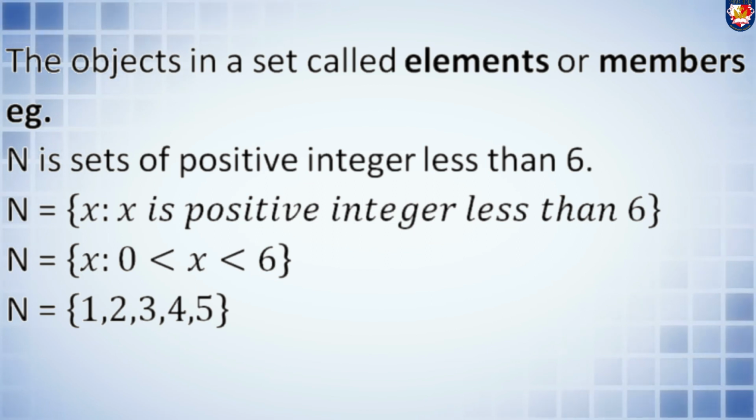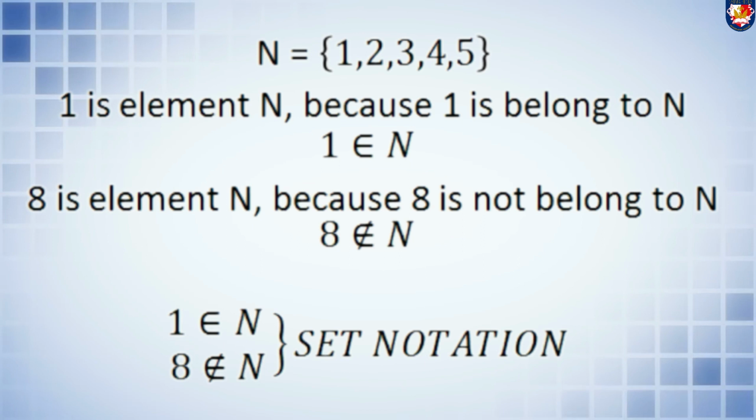The third way, you list every possible element of N: 1, 2, 3, 4, and 5. Then 1 is an element of N, as you can see, but 8 isn't an element of N. This is what you call set notation.